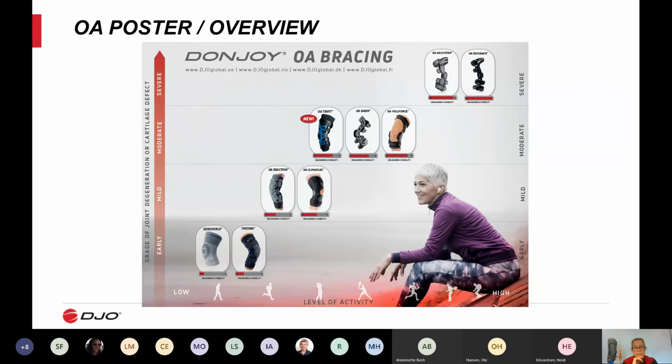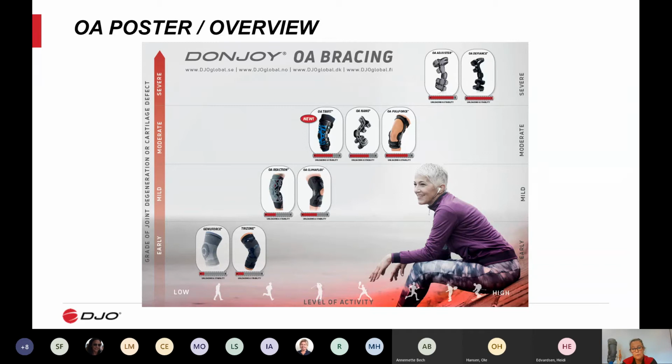So if you have a patient who maybe has cartilage damage and really needs stability, you should choose an OA Defiance or an OA Adjuster. Otherwise, it will go down from severe, moderate, mild, and early.